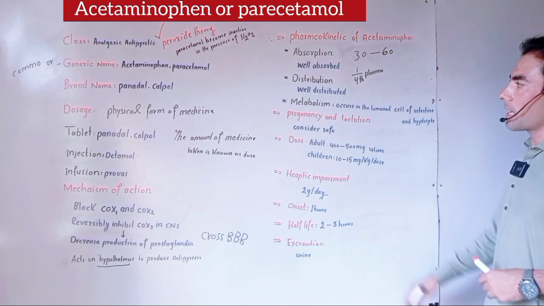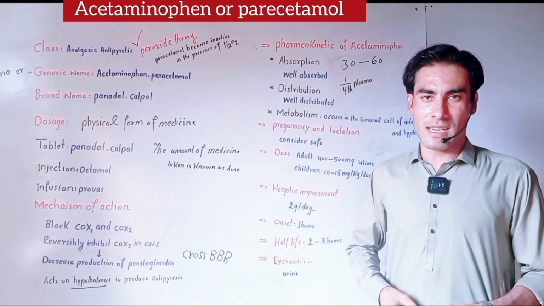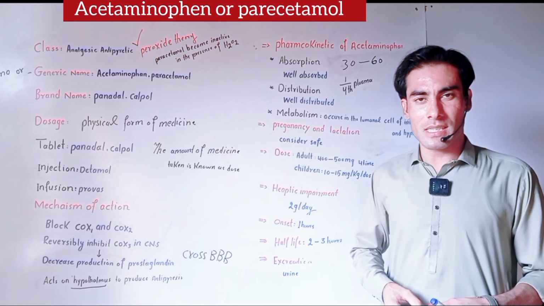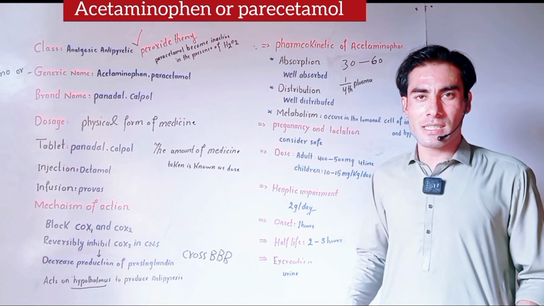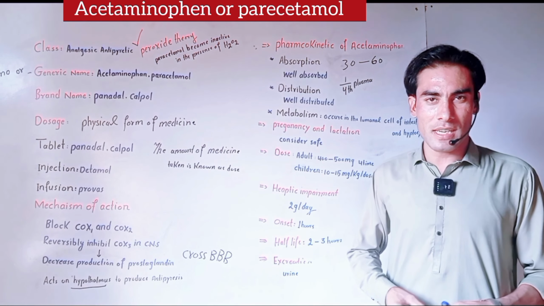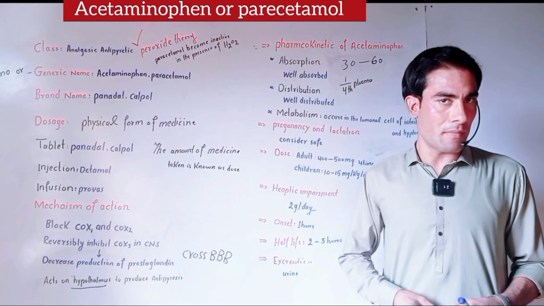Now come to metabolism. Significant first-pass metabolism occurs in the luminal cells of the intestine and hepatocytes. Under normal circumstances, acetaminophen is conjugated in the liver and forms glucuronidated and sulfated metabolites.